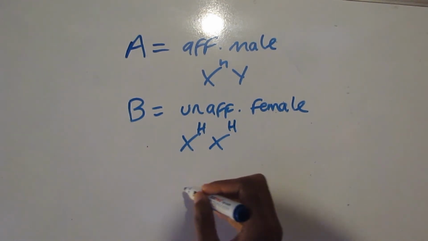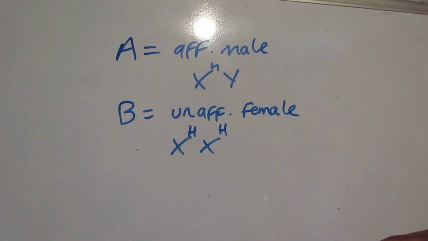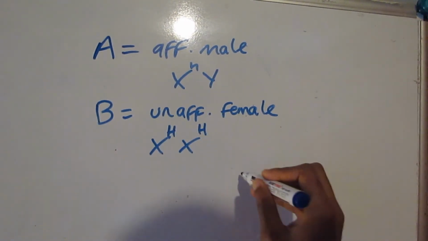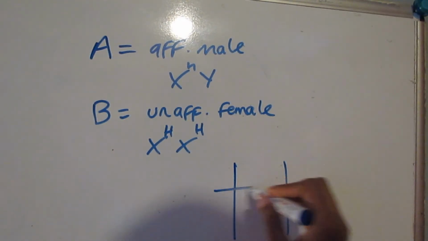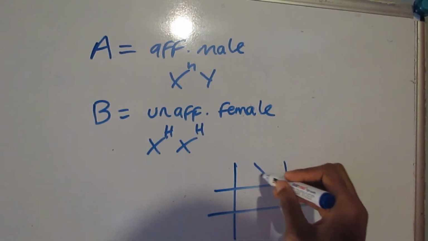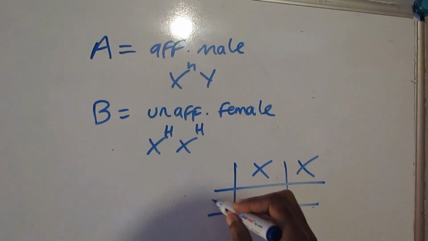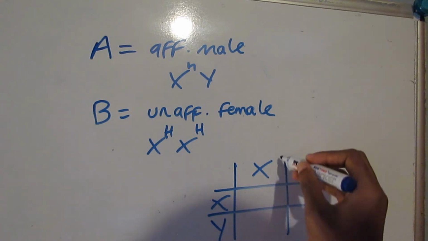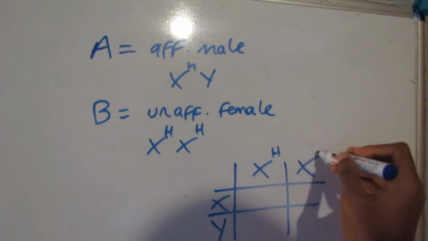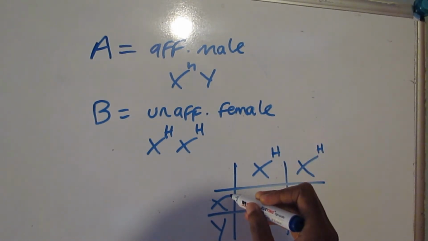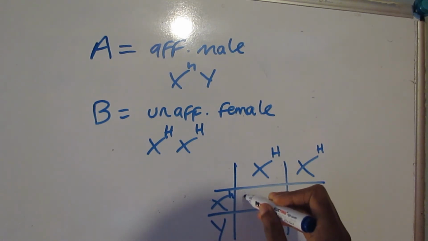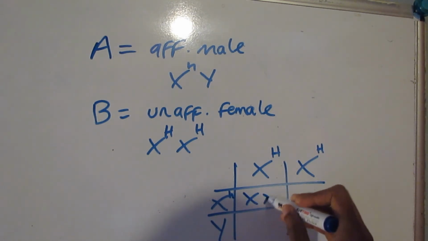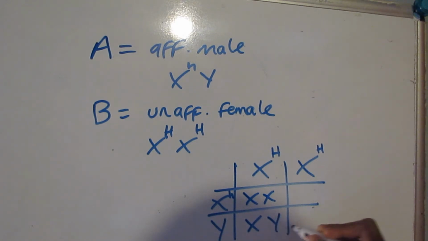So to answer our question, why do the male offspring of A and B not have hemophilia, we can draw out a Punnett square to show this. So by doing a Punnett square, as we saw earlier, it has to be 2 males and 2 females. But the genotype of the females is showing us that they are both dominant alleles, meaning that they are unaffected from hemophilia.